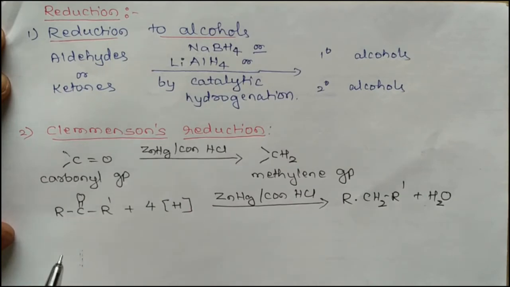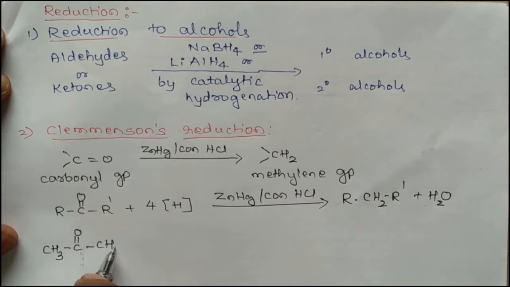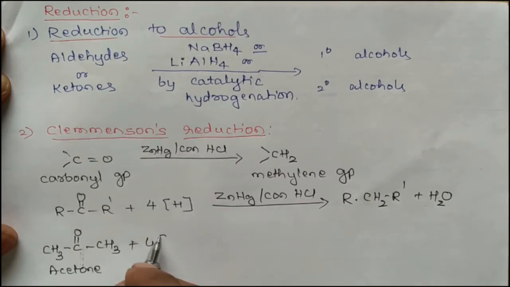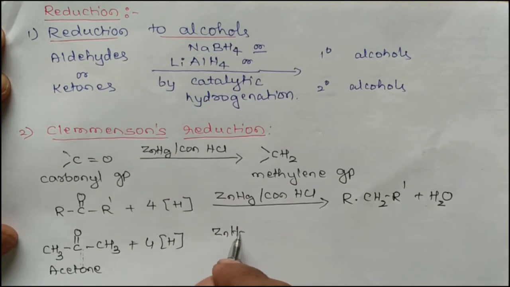Now just we'll discuss one example. CH3 COCH3, acetone or propanone, is reduced using zinc amalgam ZnHg and concentrated HCl.